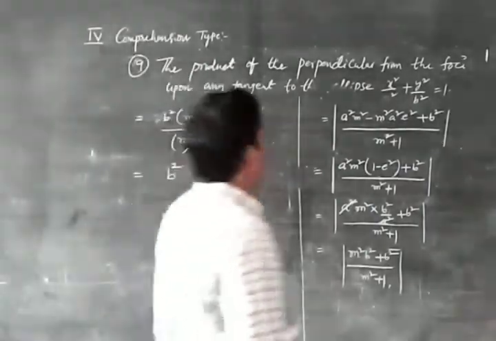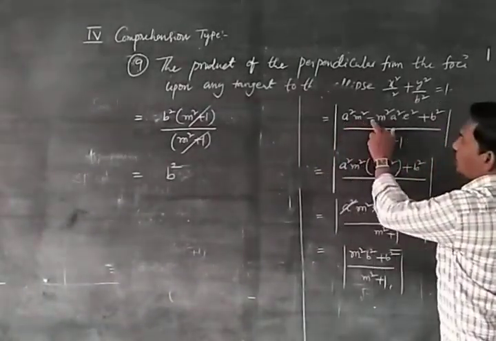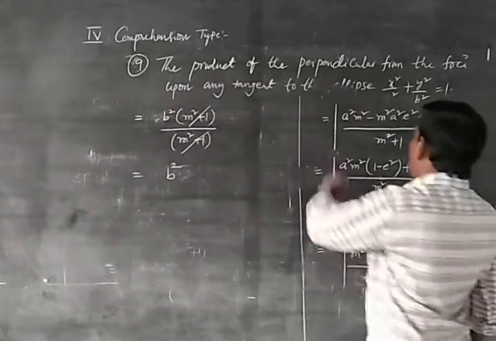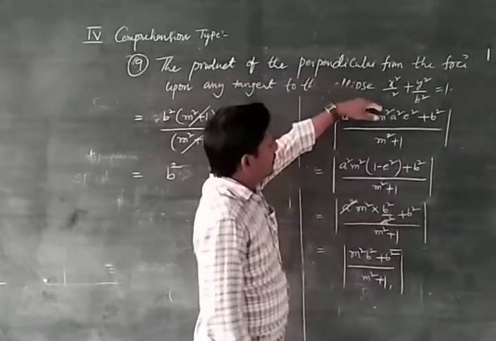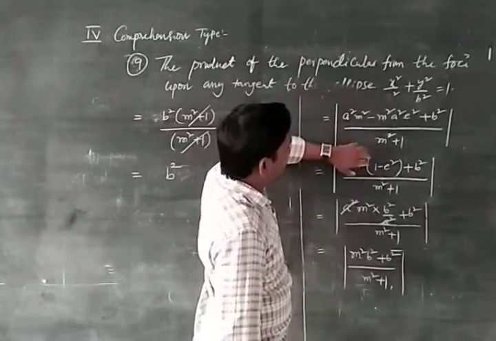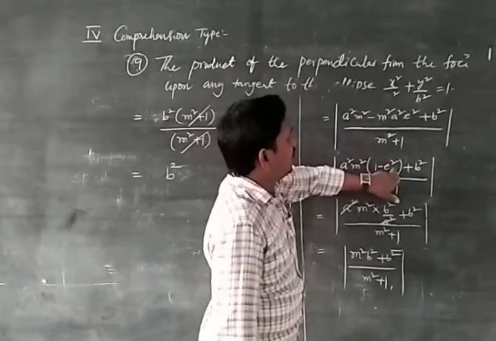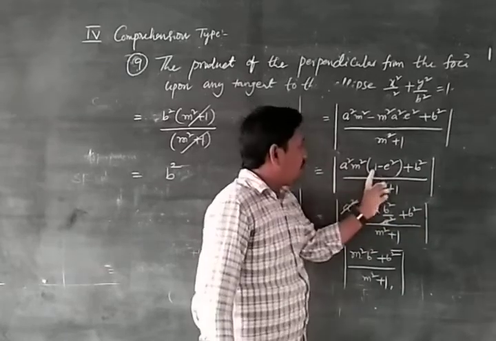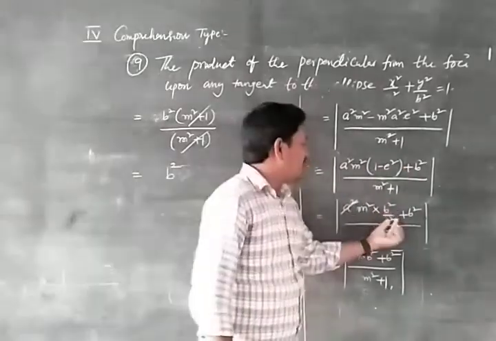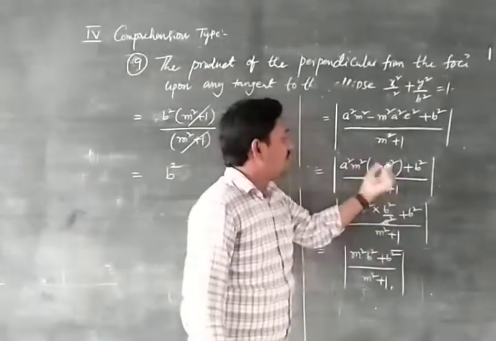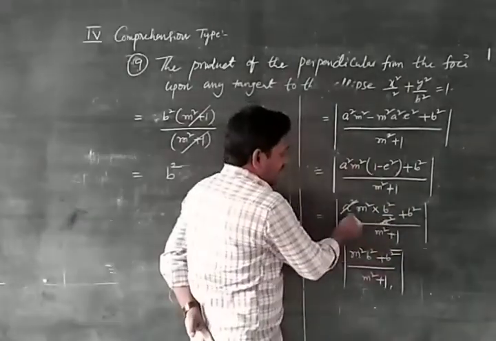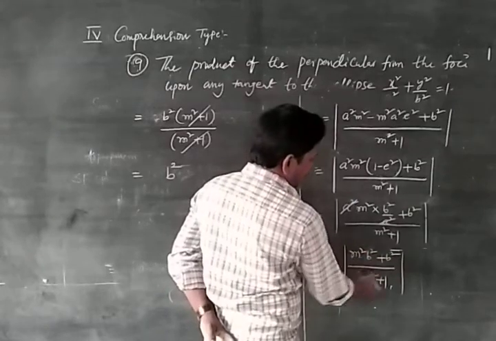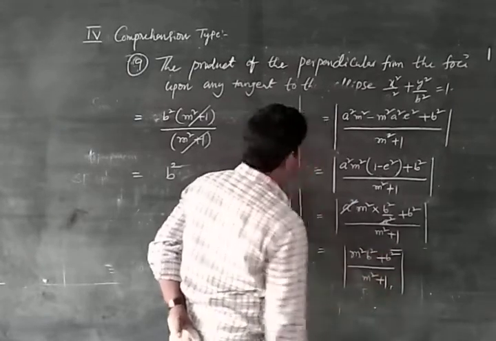Okay, look in here. A square M square minus M square A square E square plus B square. From that we have to take A square M square common. Here 1 minus E square plus B square, M square plus 1 is common. 1 minus E square means we have to write B square by A square. From that formula, A square cancels. M square B square plus B square by M square plus 1.